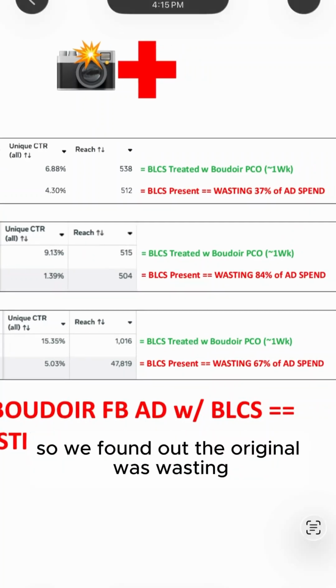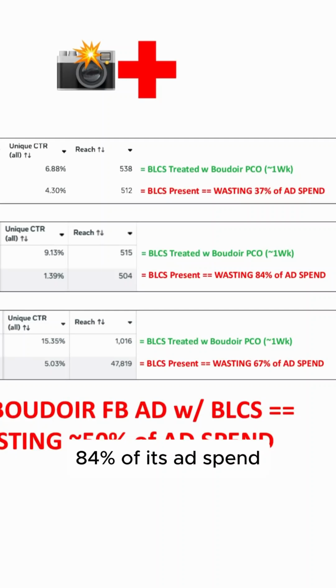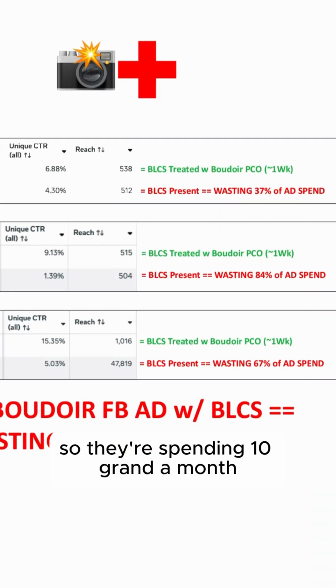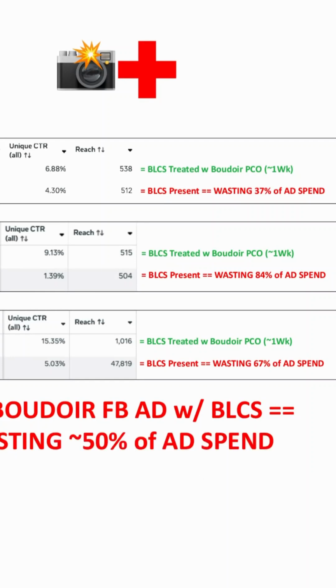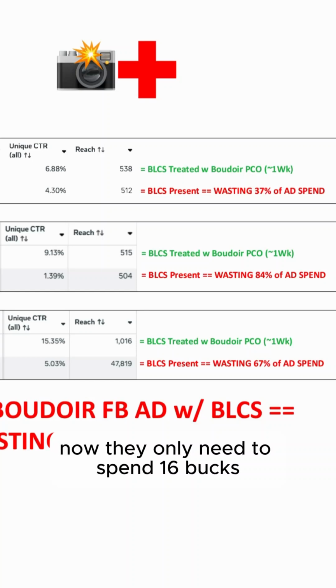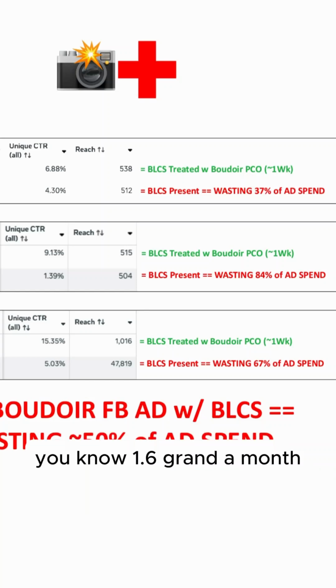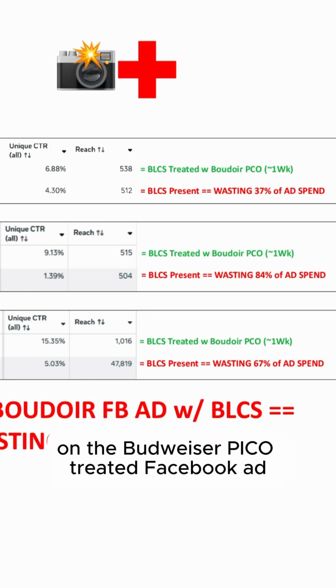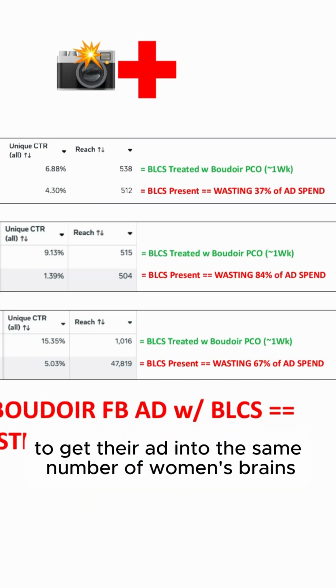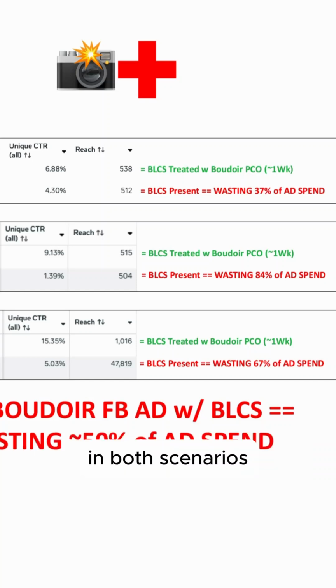So we found out the original was wasting 84% of its ad spend. So they're spending 10 grand a month on the original Boudoir Facebook ad. Now they only need to spend 1.6 grand a month on the Boudoir Pico treated Facebook ad to get their ad into the same number of women's brains in both scenarios.